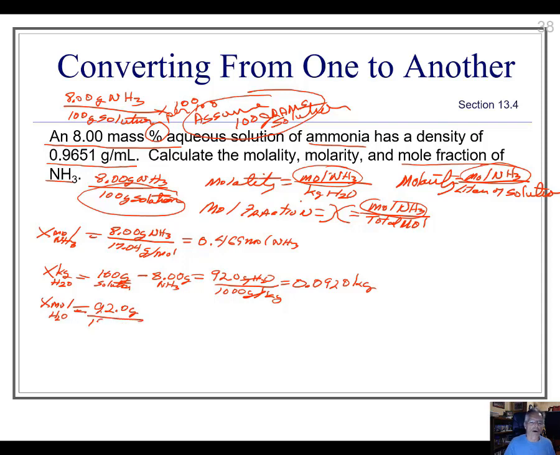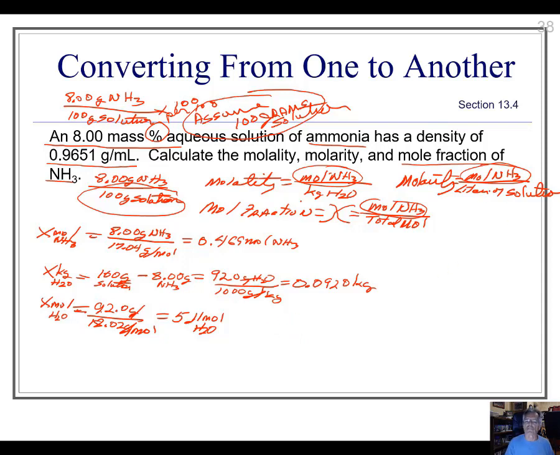The molar mass of water is 18.02 grams per mole. Grams will cancel. So that's 92 divided by 18.02. That gives me 5.11 moles. So I have 5.11 moles of H2O, and I'm labeling everything so I don't lose any of these values when I do my ultimate calculations.